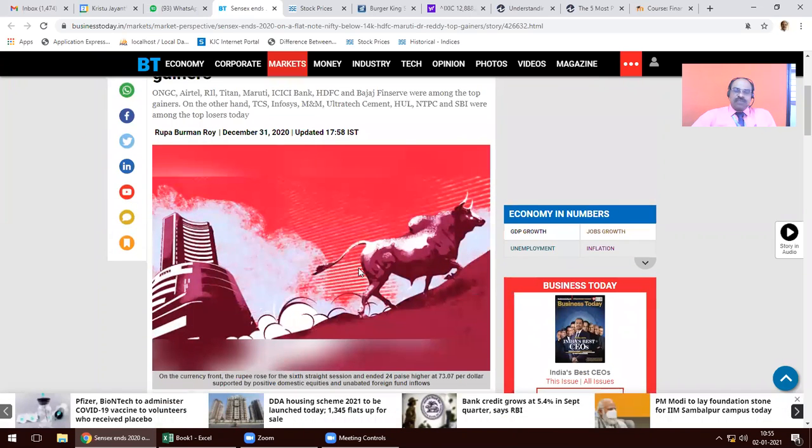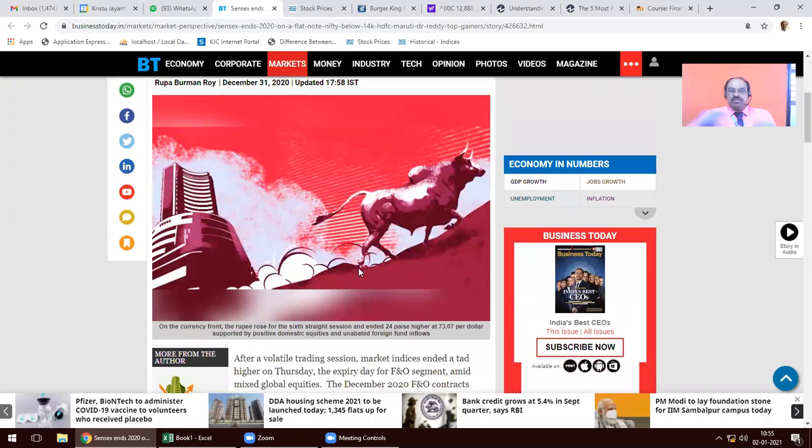But this infographic clearly shows something of a bullish trend. What does it mean? On the currency front, they mentioned that the rupee rose for the sixth straight session and ended 24 paise higher compared to the dollar.